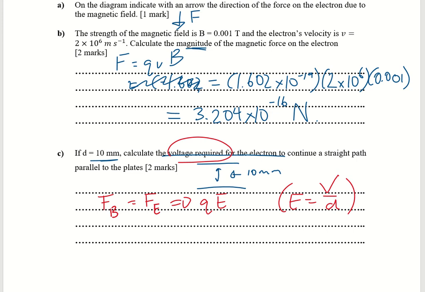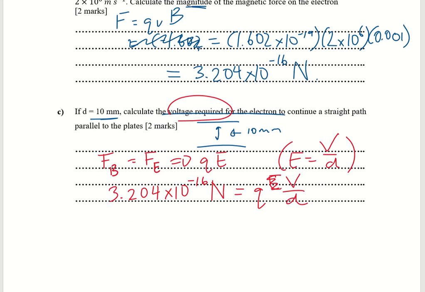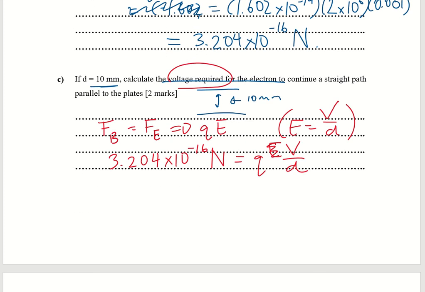So if I substitute all that together, I get 3.204, that's our strength of the field, equals q, V over d. The charge of the electron hasn't changed.